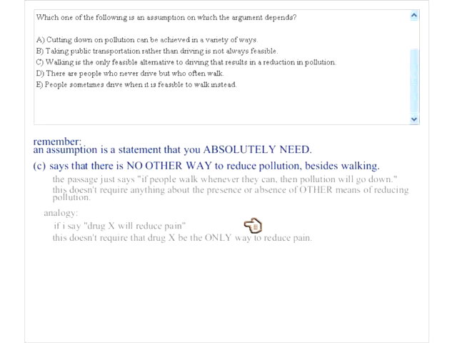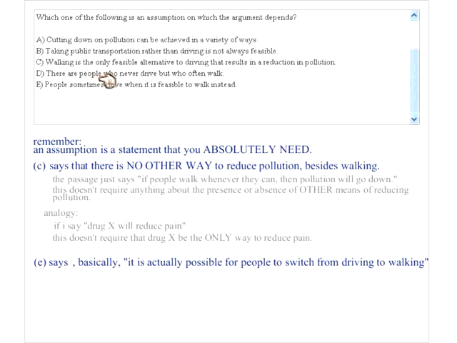Okay, now let's look at choice E, which is the correct answer. Remember, always through the lens of being required. Okay. E says, people sometimes drive when it is feasible to walk instead. What this means is that it is actually possible for people to switch from driving to walking.